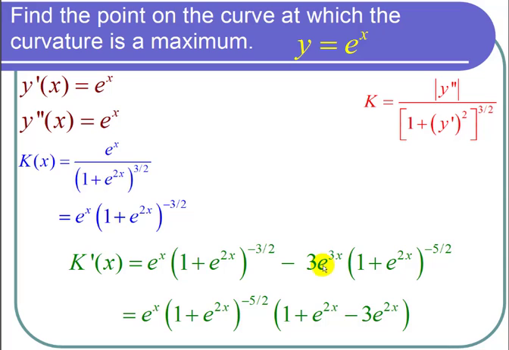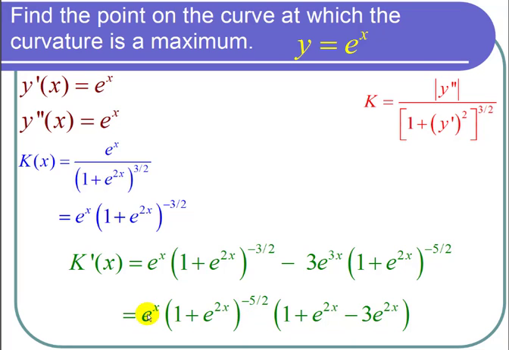And when I pull an e to the x out of e to the 3x, I'm left with an e to the 2x. So I have minus 3e to the 2x, and this second factor goes away because I pulled it out. So I can set this equal to 0 and solve.